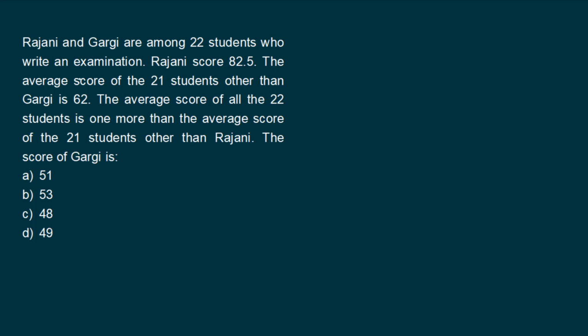Rajni and Gargi are among 22 students who write an examination. Rajni's score is 82.5 and let Gargi's score be X. So we have 20 more students and their average score is S. Okay, so the total score is 20S.